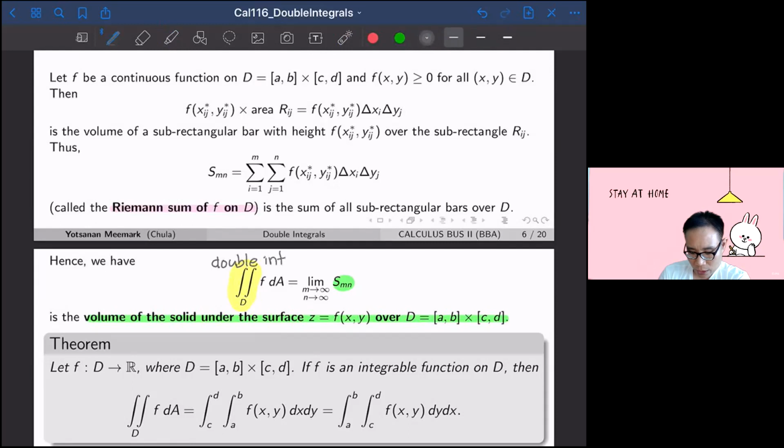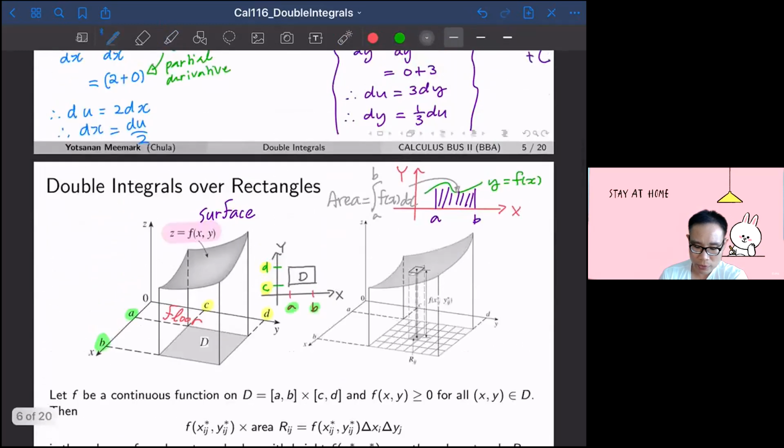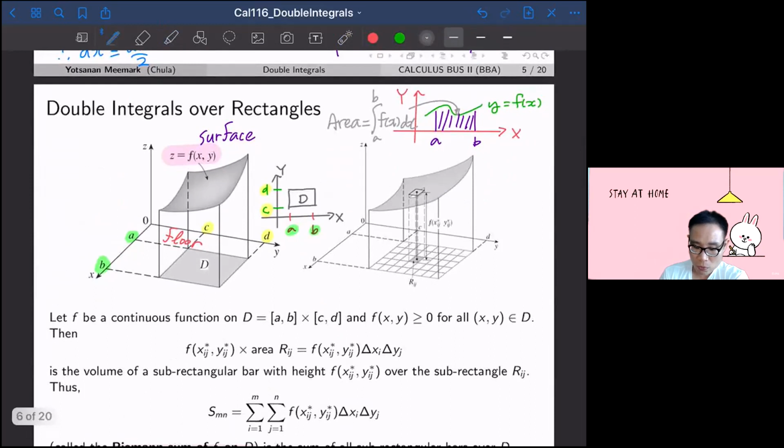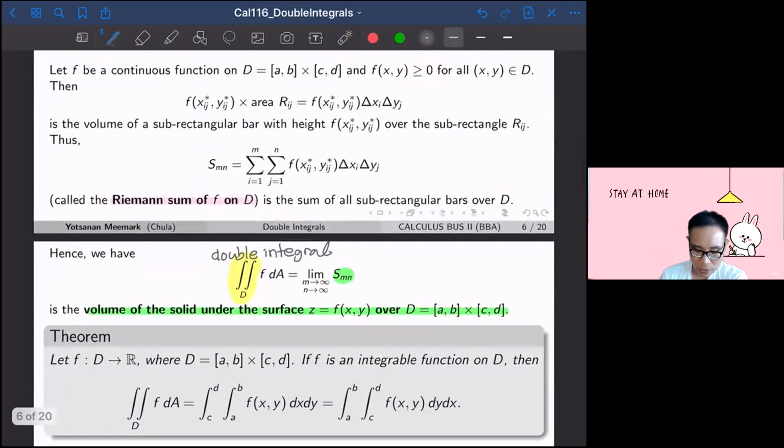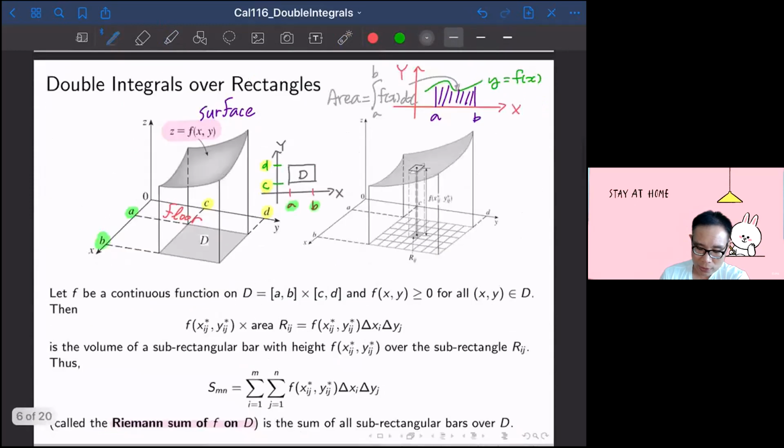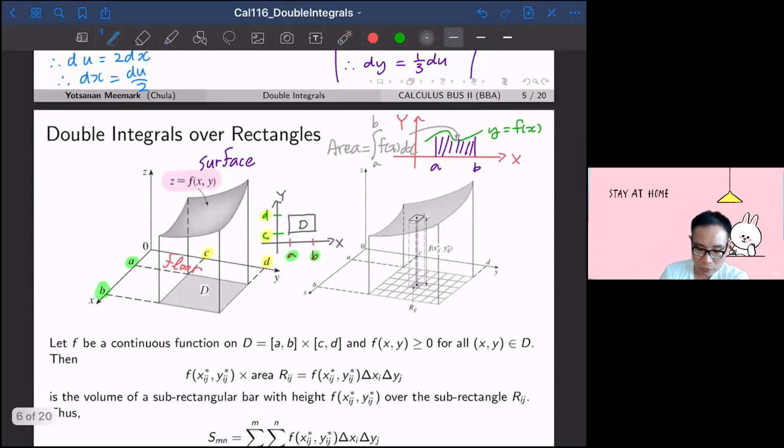Why do we need a double integral? Because we'd like to distinguish between calculus 1 and calculus 2. Calculus 1 is just integrate from A to B. Calculus 2 will be integrate over two dimensions, so you integrate over the rectangle D. Here you integrate over the interval AB, so you have only one integral.